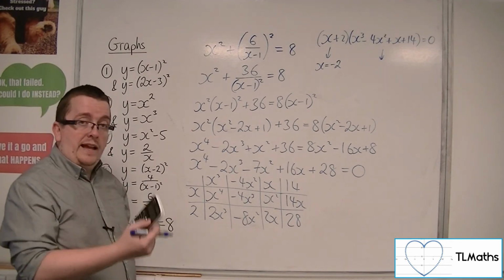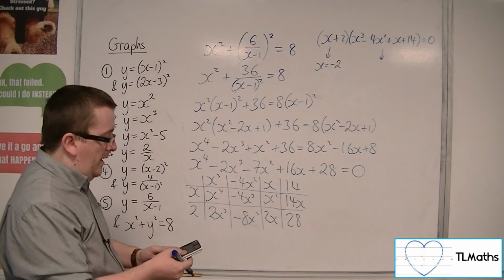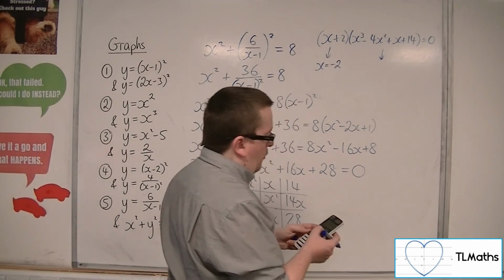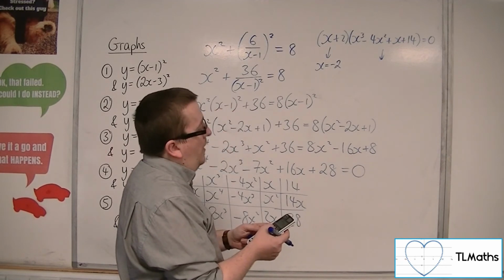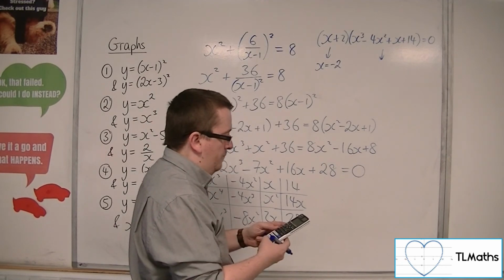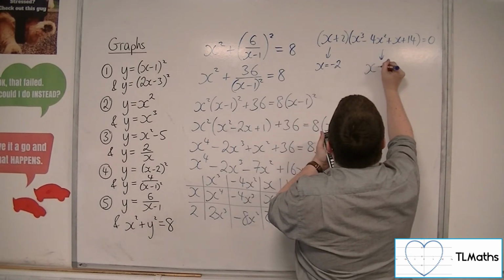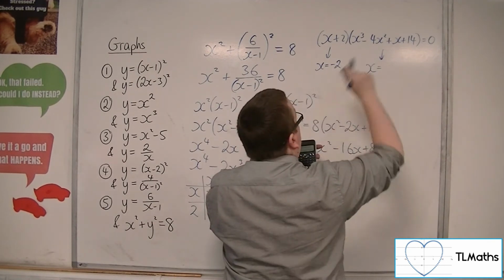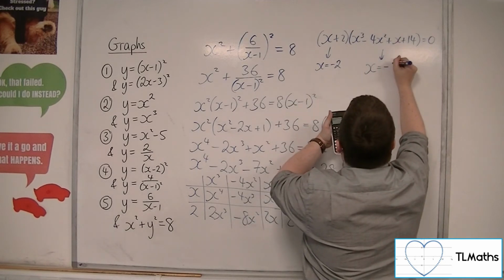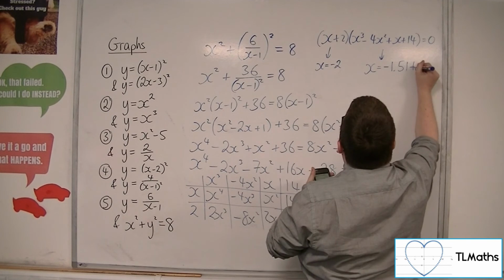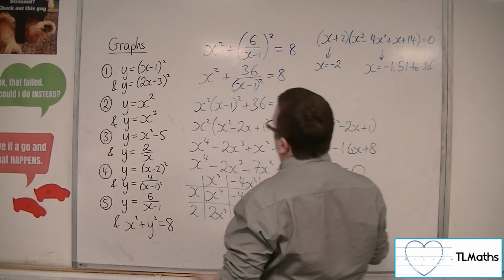So using a calculator or something similar, we've got 1x cubed minus 4x squared plus 1x plus 14, and we get that the only other real root coming from that is x is equal to minus 1.51 to 3 significant figures.